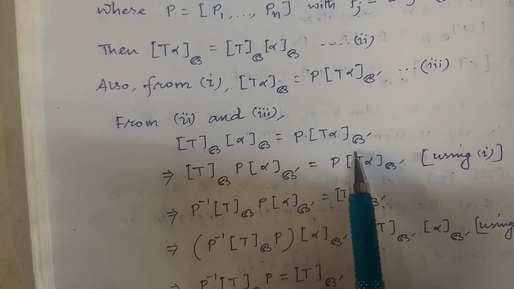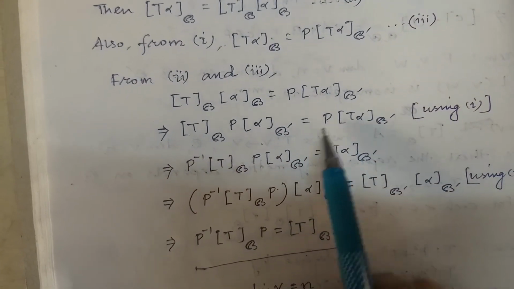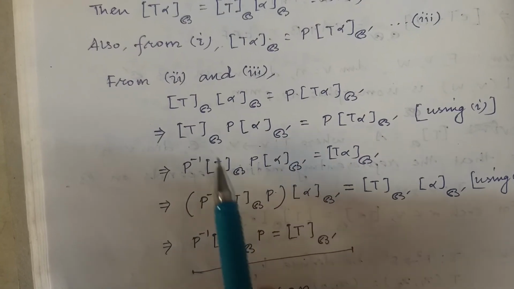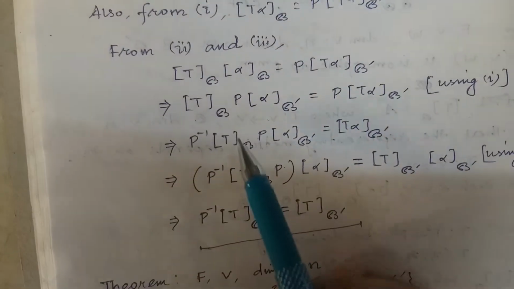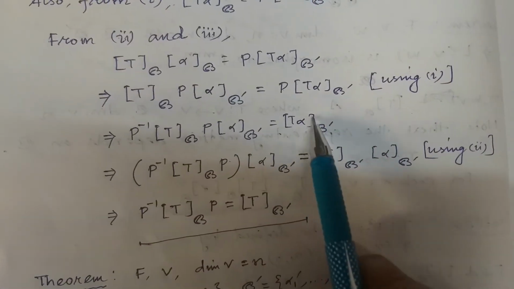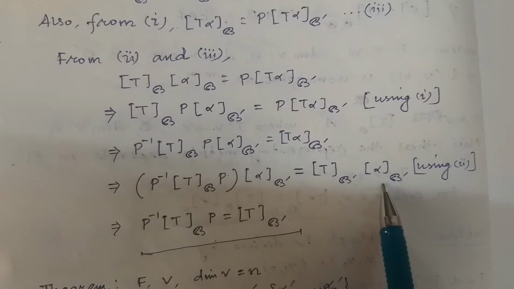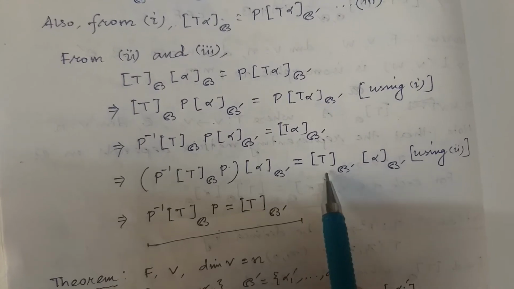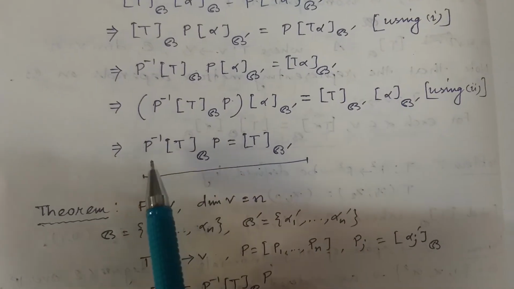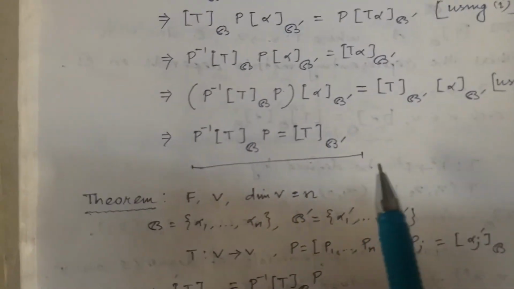Since P is an invertible matrix, we multiply by P inverse from both sides, which gives the coordinate of T alpha with respect to B dash. Again, the coordinate of T alpha with respect to B dash equals the matrix of T with respect to B dash into the coordinate of alpha with respect to B dash. This is from 2. Clear? So the matrix of T with respect to B dash equals P inverse times the matrix of T with respect to B times P. This result is also very important.